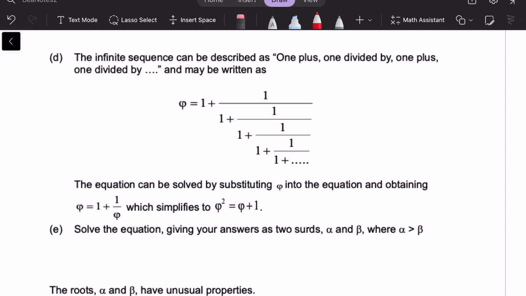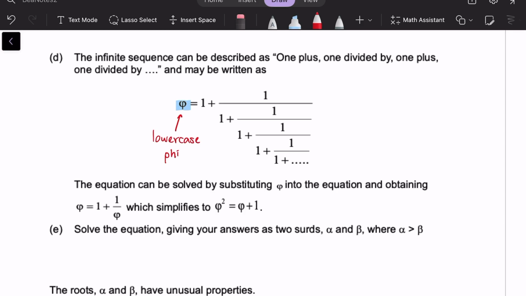Now, to the infinite sequence. It may look a bit scary at first, but this is just a Greek letter, lowercase phi. You don't have to know that. And this could be easily replaced with x, y, any pronumeral, like normal pronumeral that we use in maths. It's just that they happen to pick this because of notation.